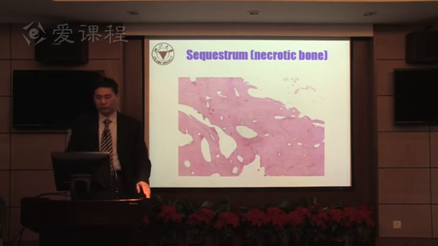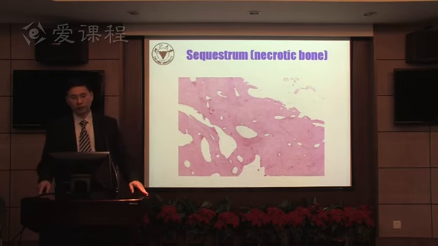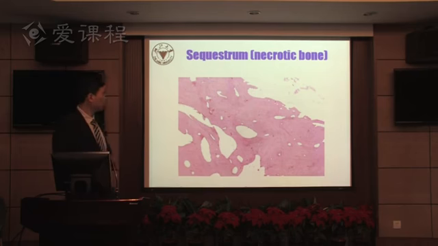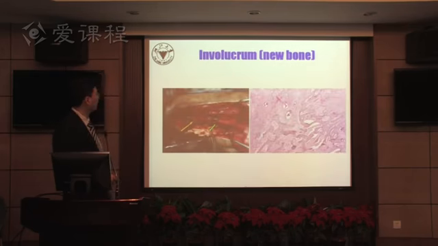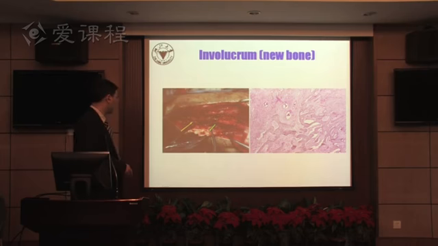In the microscopy, we see the secondary necrotic bone is like this. And the involucrum always means the new bone. We can see the picture here from during the operation, and the picture here is from the microscopy. And this one is the new bone.